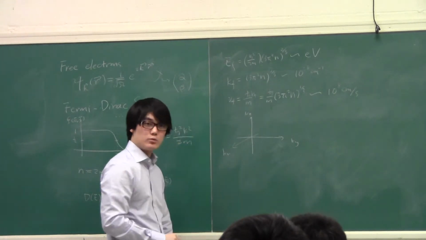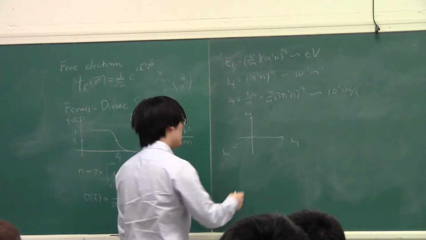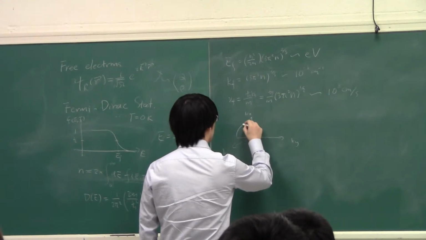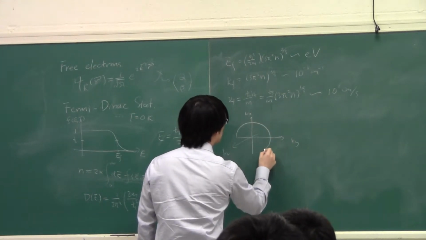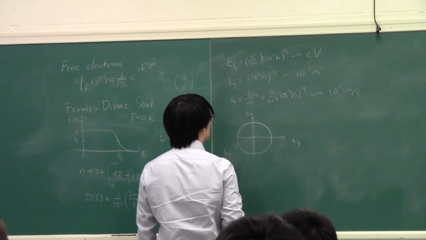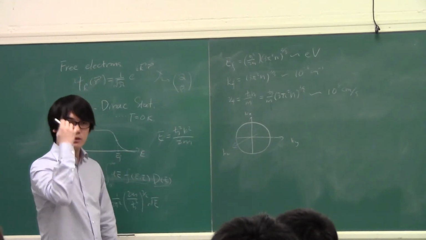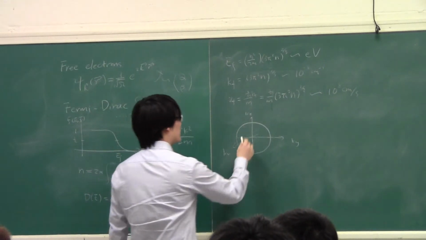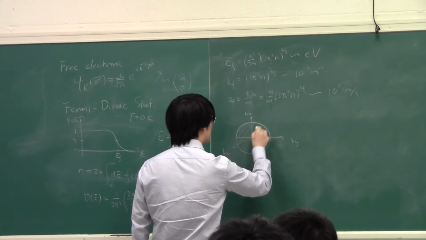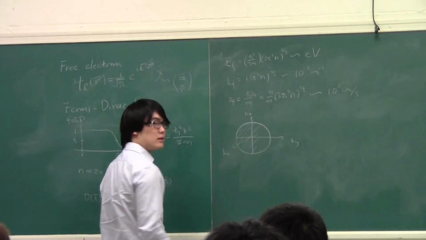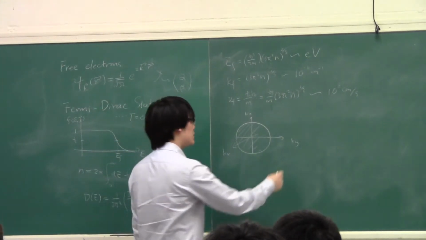In momentum space, we have basically a sphere, which is the Fermi sphere. And at 0 temperature, the Fermi sphere is very sharp. Okay. The sphere is completely packed, and there's nothing outside. So this is the sphere at 0 K.